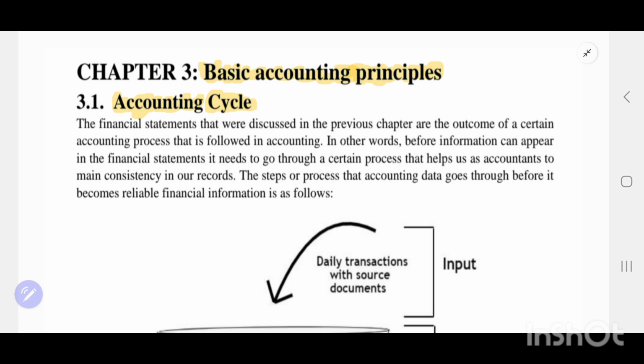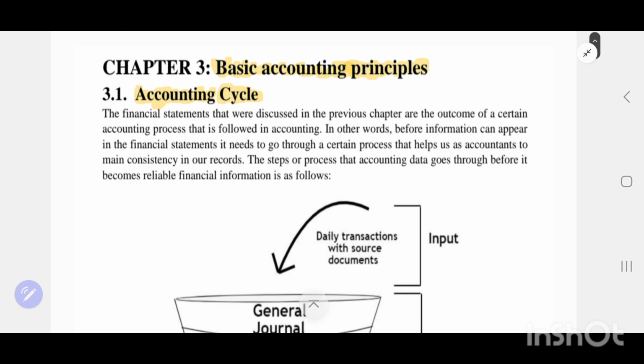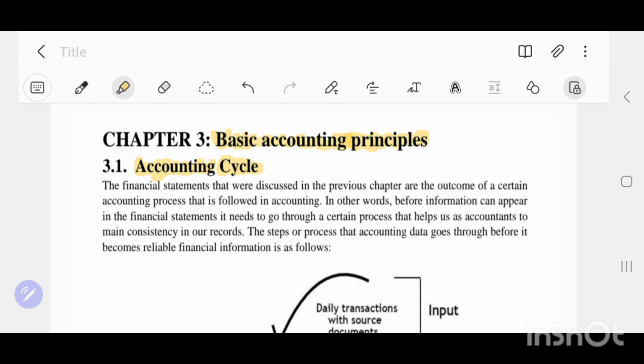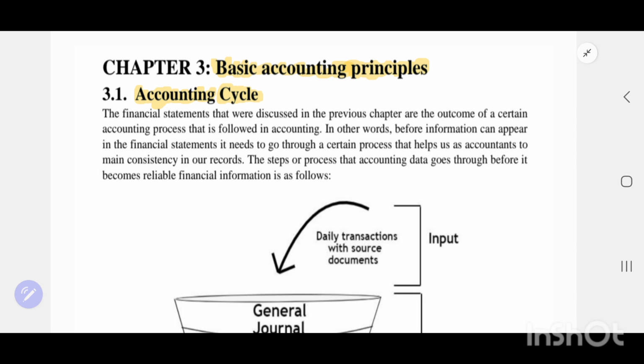from last week. Remember, I told you last week that our objective in accounting, in simple terms, is that we are trying to transform data in the form of daily transactions into information that can be useful.